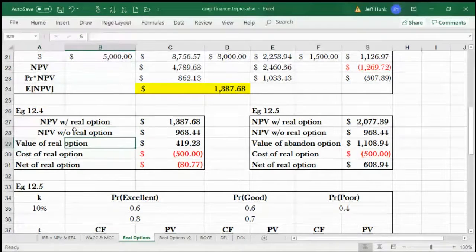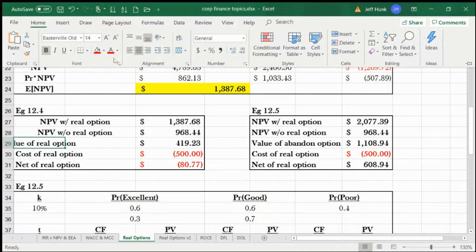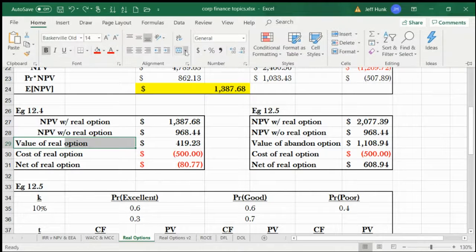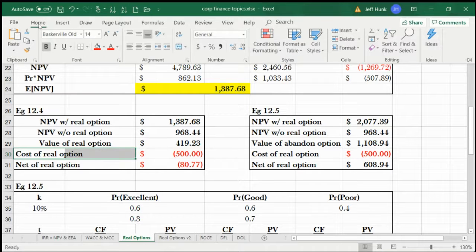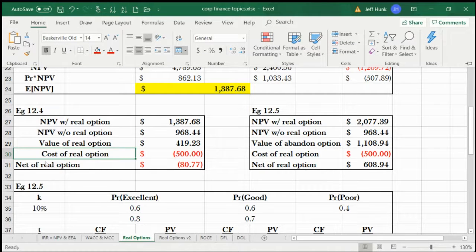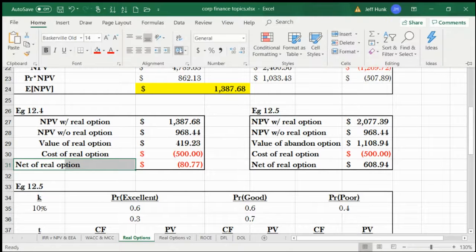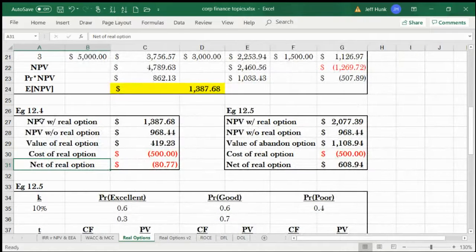Merge and center. You might find this non-essential. It's just housekeeping. It's not an essential thing in an Excel model, but good form is always important.